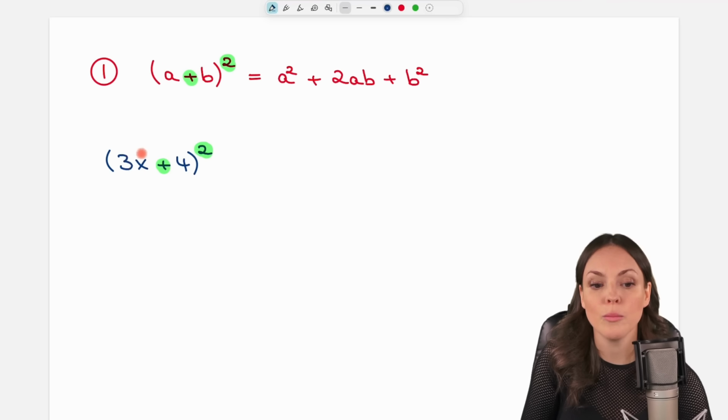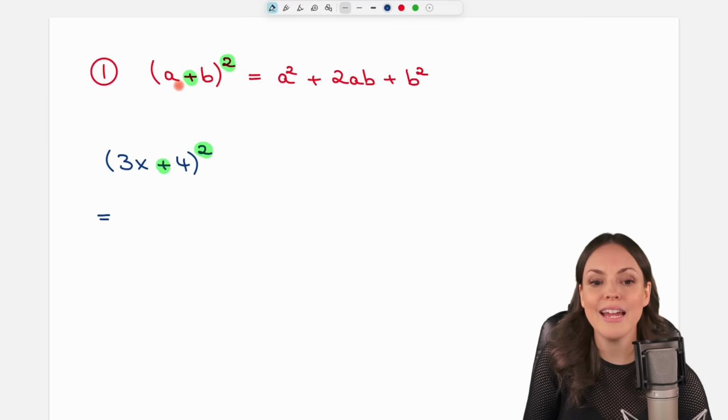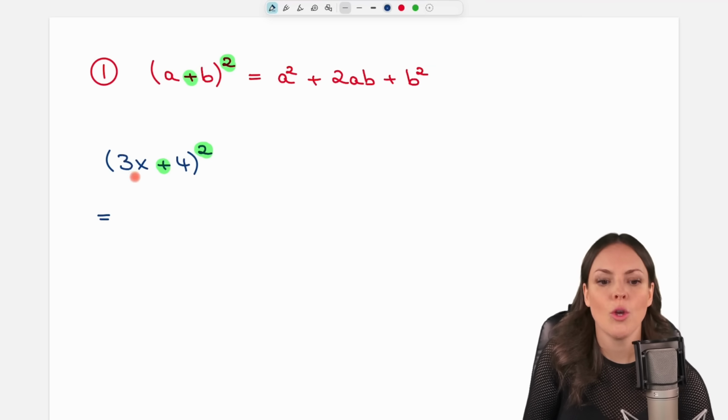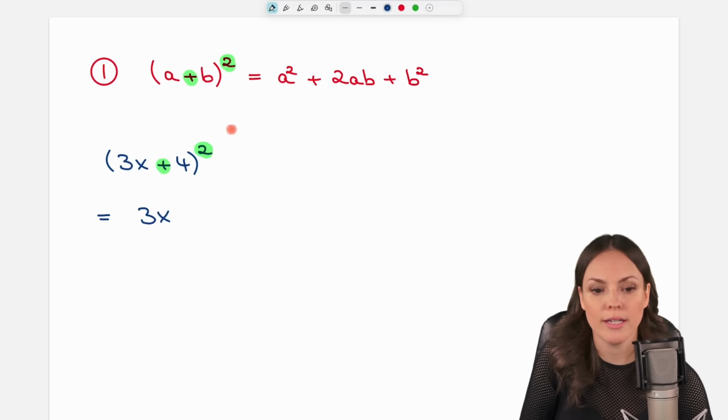And the formula then says, take your A, so take everything that is before your plus and square this thing. So in our case, everything that is before the plus is my 3x. I take all of it and then square it. So write it in parentheses and square all of it.